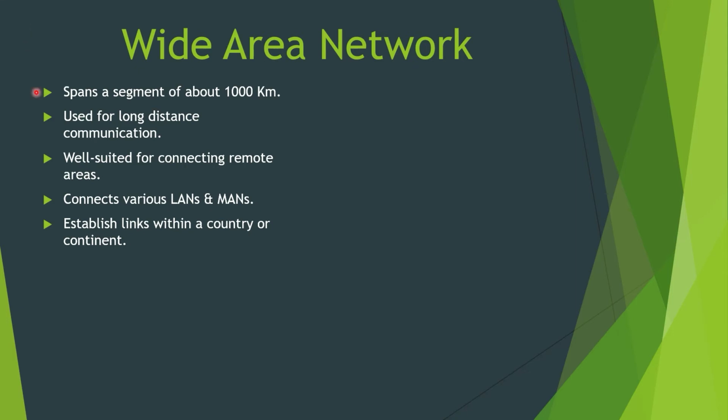As we saw that MAN may be made up of several LANs, similarly wide area network can be made of various LANs and MANs. Wide area network establishes links within a country or even a continent.